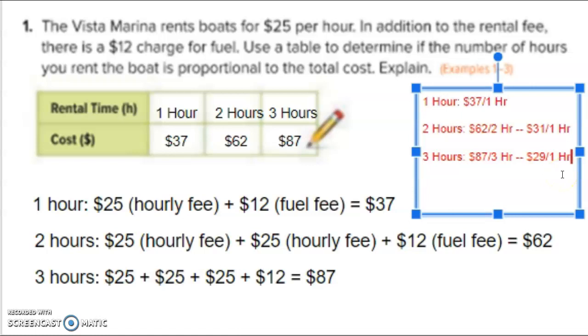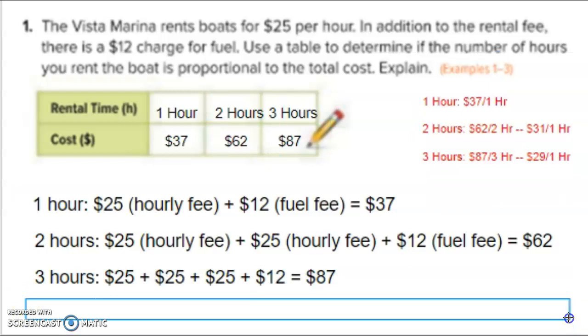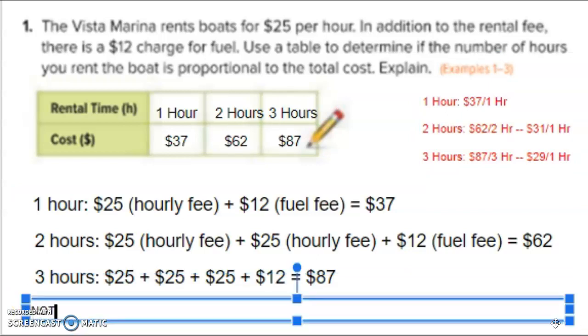If they were proportional, all of these, 1, 2, and 3, would be the same. But because they are not, my answer for problem number 1 is that they are not proportional. And why are they not proportional?